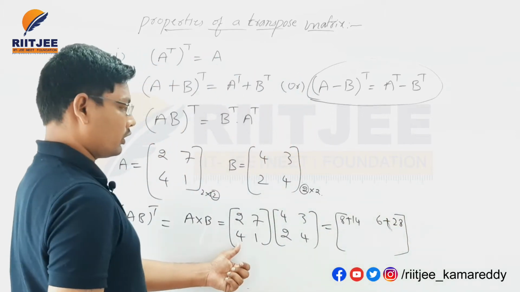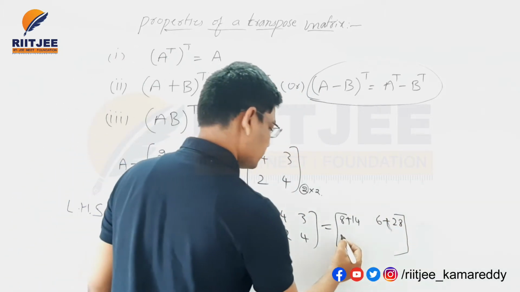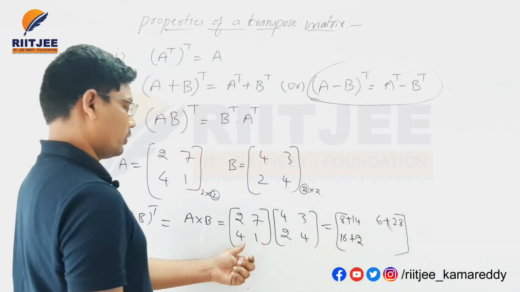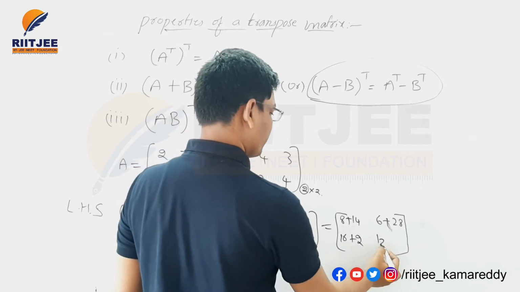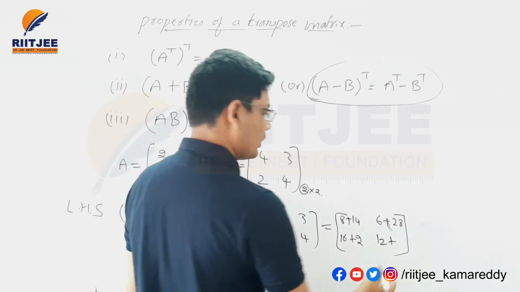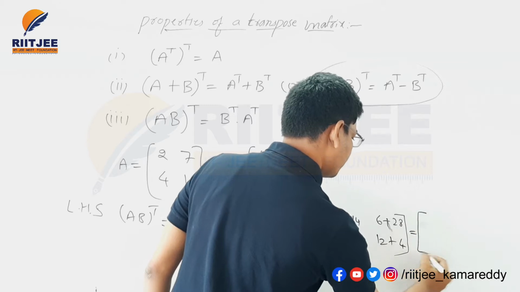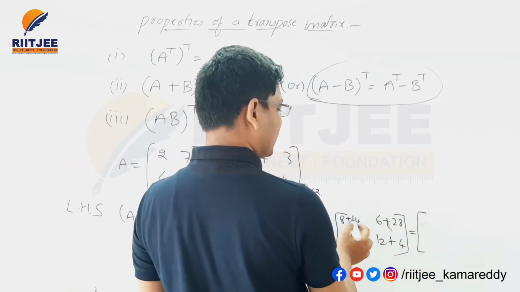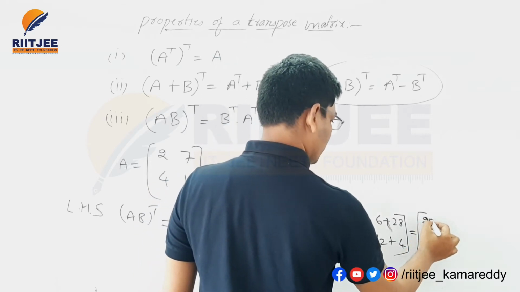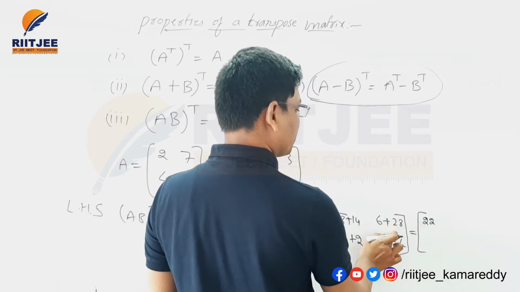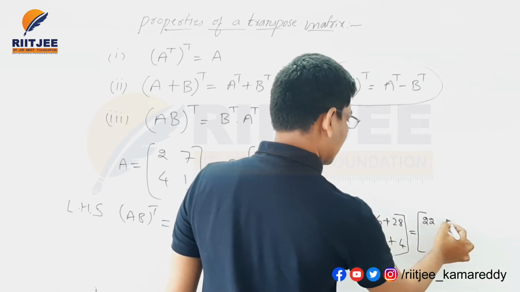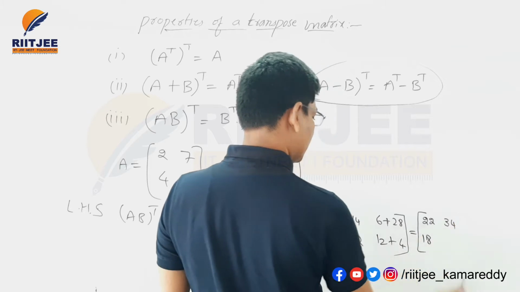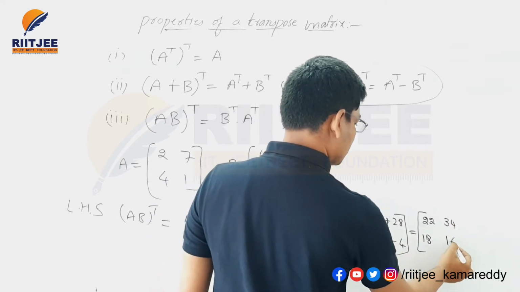Next, 4 4s are 16 plus 1 2 is 2, and 4 3s are 12 plus 1 4 is 4. Directly you can write the answer here. AB: 8 plus 14 is 22 here, and 6 plus 28 is 34, and 16 plus 2 is 18, and 12 plus 4 is 16.